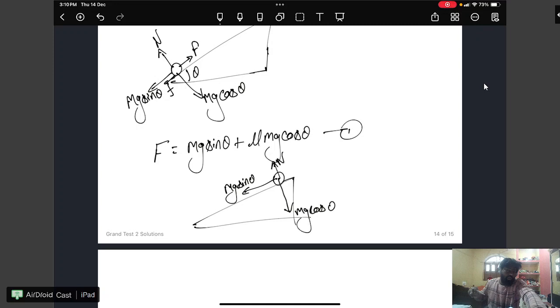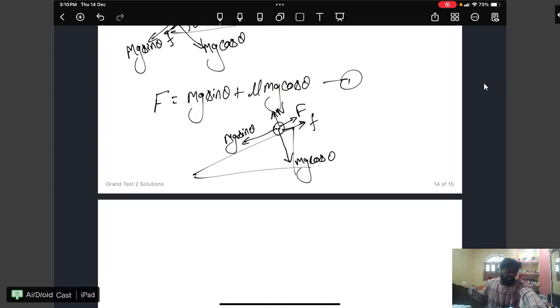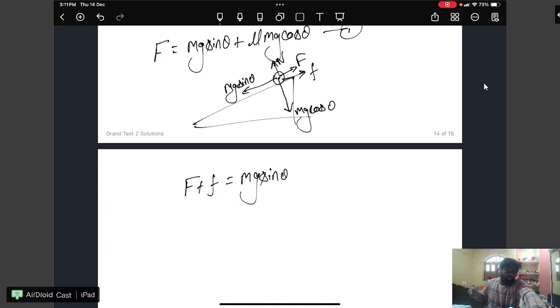Just to prevent, the friction will be in this direction this time, and force applied will be in this direction. So force plus F is equal to mg sin theta. In that case, force in the first case, force in the second case is mg sin theta minus friction mu into N, N is mg cos theta.